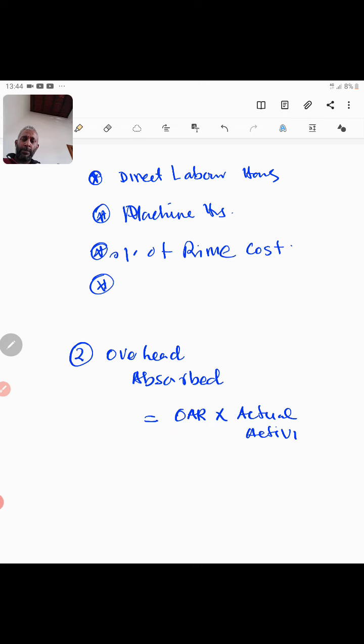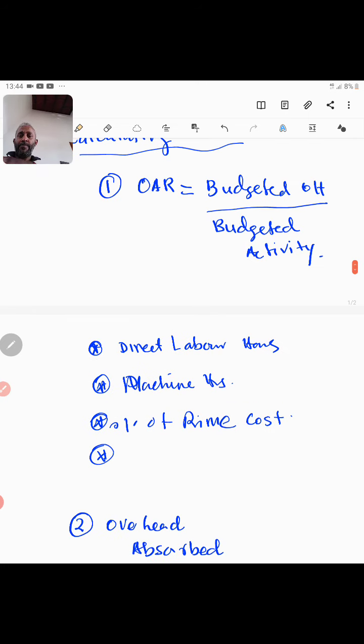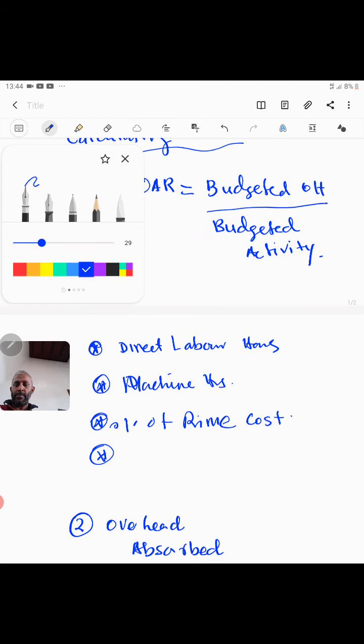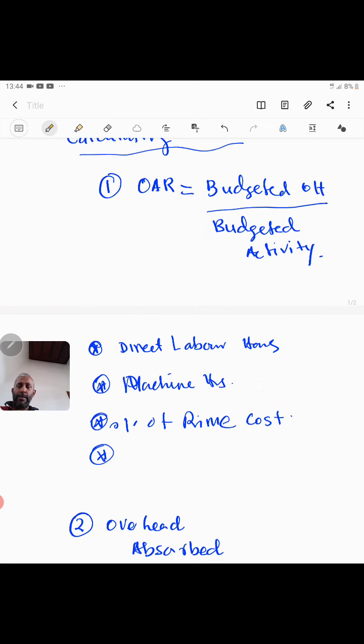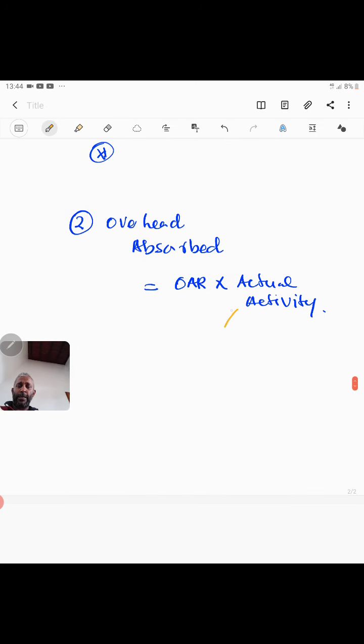If you note, here we had budgeted activities, and now we're going to use actual activities.